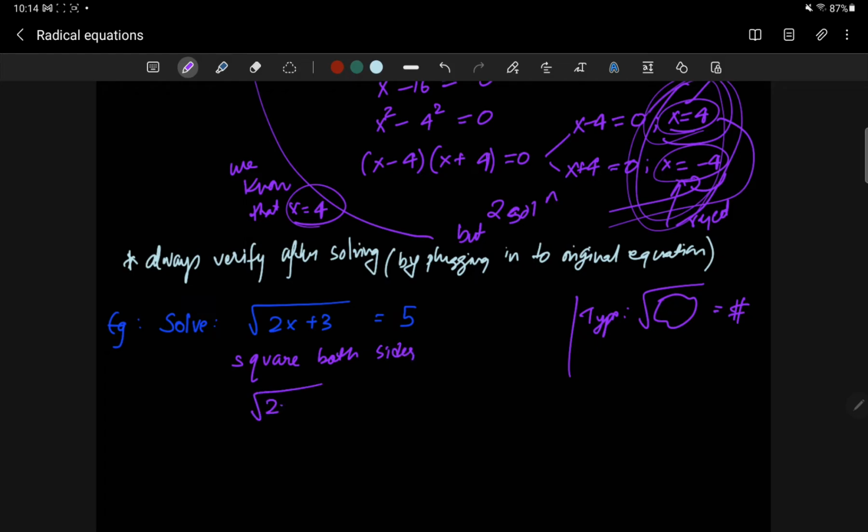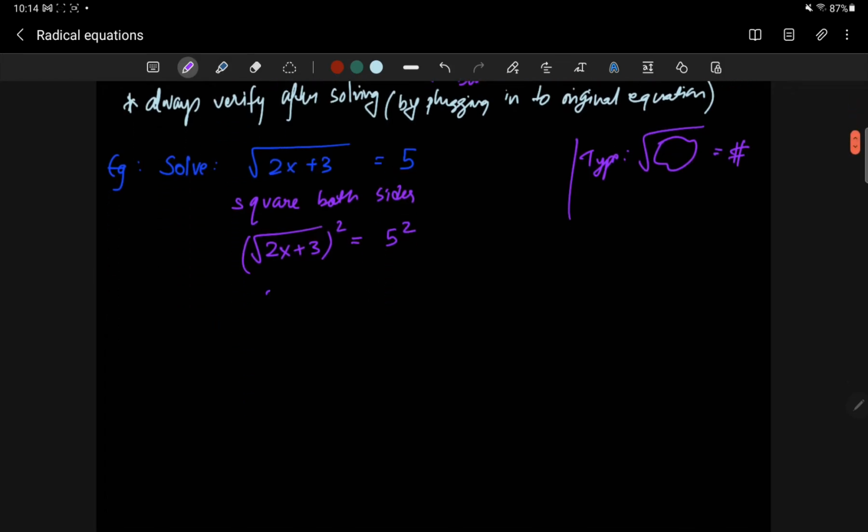So when you square both sides, you get root 2x plus 3 squared equals 5 squared, which then becomes 2x plus 3 equals 25. And now it's a regular equation that you can solve. 2x is 22, so x is 22 over 2, which is 11. From this point on, it just becomes a regular equation.